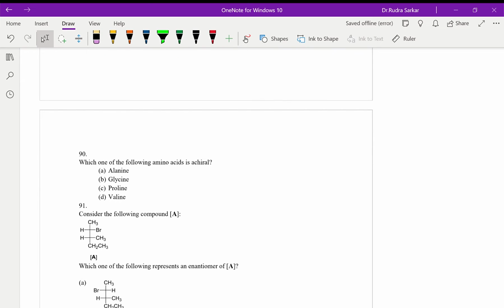which one of the following amino acids is achiral? So over here we know that if this is the structure of alanine, where we have 4 different groups, so it is chiral, but that of the glycine is something like that.